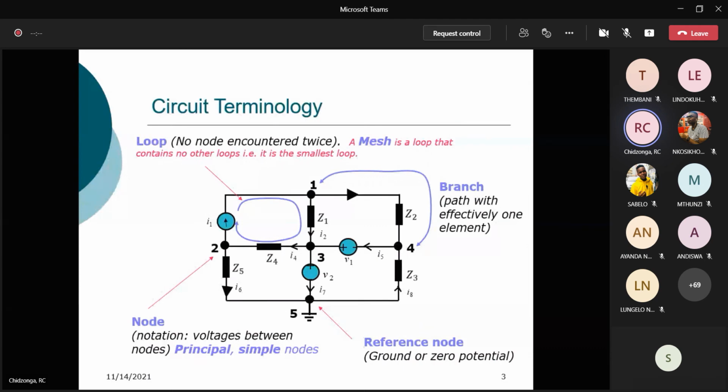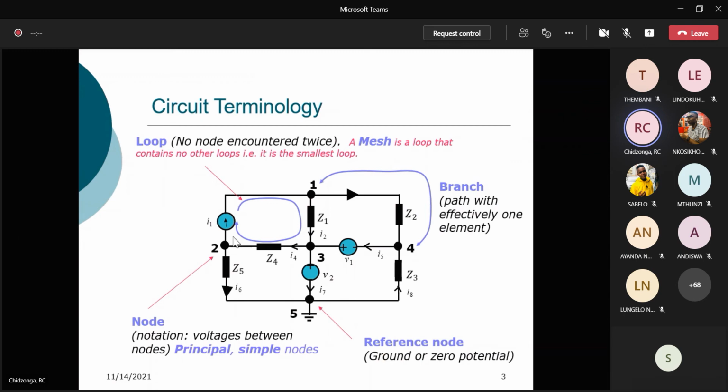So I1 could be I peak cosine something, or V1 is equal to V peak sine of omega t plus the phase angle. If I use a capital, then I'm representing a sinusoid, but in phasor form.